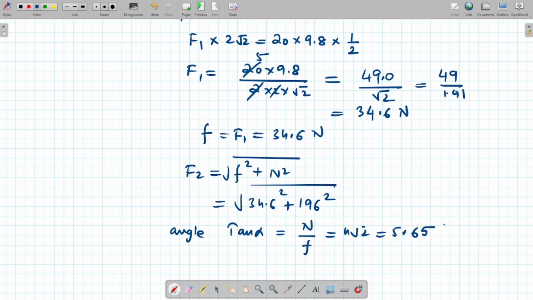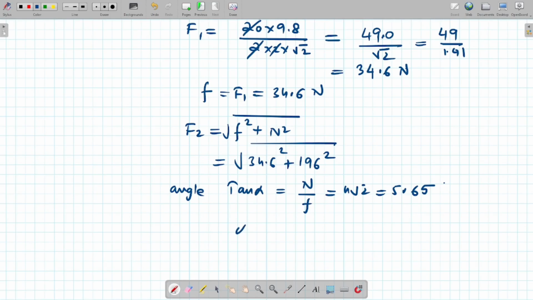Okay, and then alpha can be tan inverse. So you can simply write alpha is tan inverse 5.65. Okay, so that's how you can calculate all the related parameters.